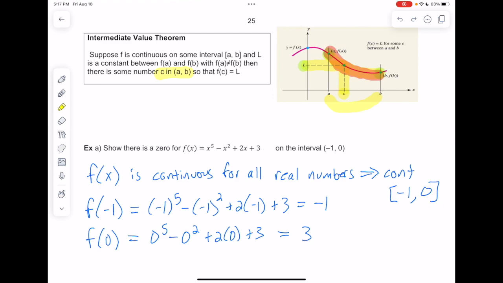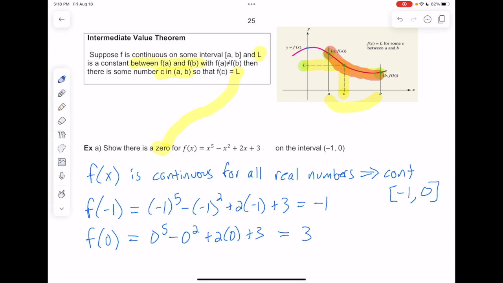All right, so now they want us to show that there is a 0 somewhere in between -1 and 0 on that interval. To say a function has a 0 means that the output is 0 somewhere. So when they talk about the 0 there, they're talking about the L. And if you look back at the theorem, what do we need to show? That L is between f of a and f of b.